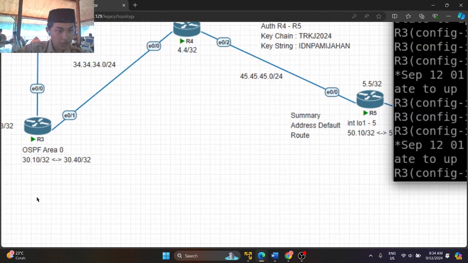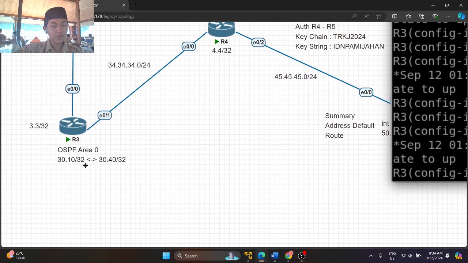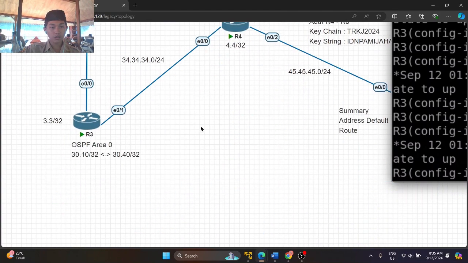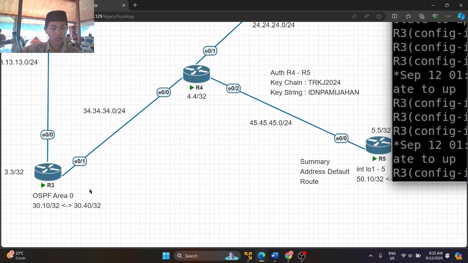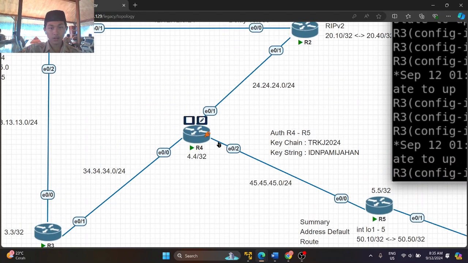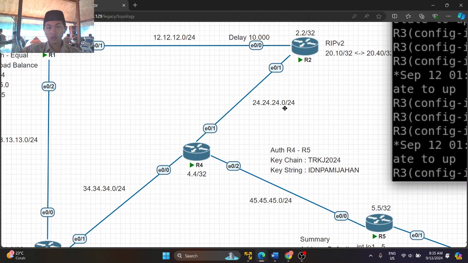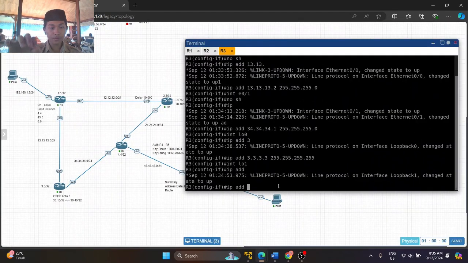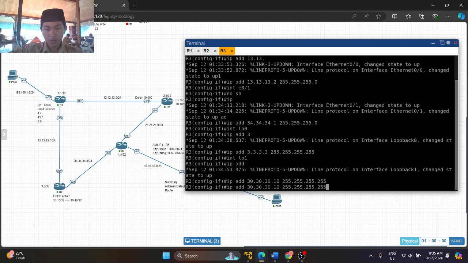Here, as you can see again, we have the same commands as router 2, but the difference is that in router 3 we will use OSPF to advertise the network, but in router 2 we use RIP. The IP address 30.10. Enter.